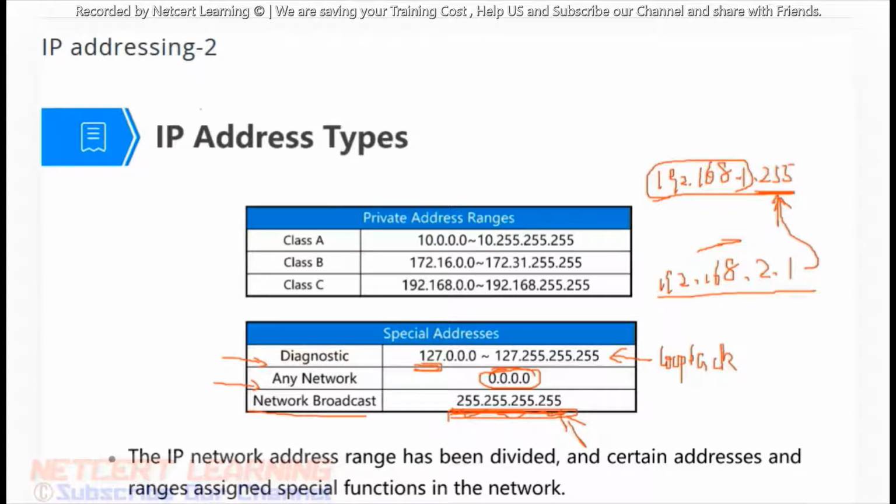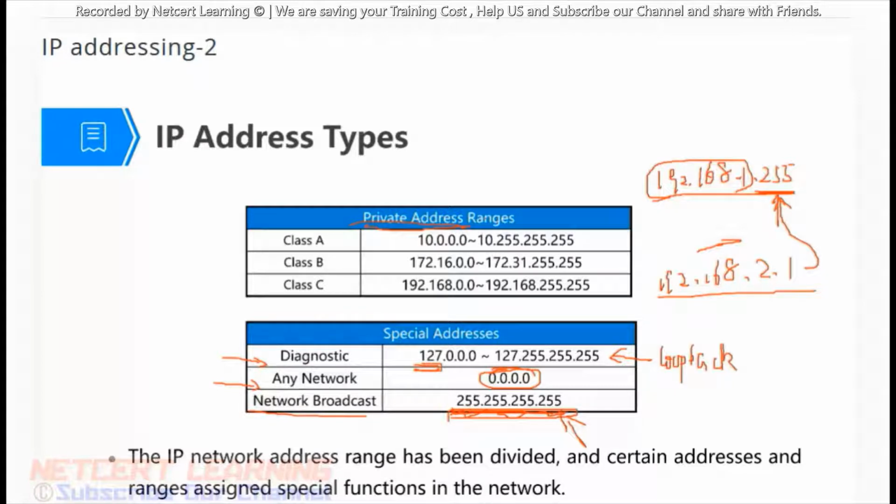And there's another type of special network address we call the private address. The private address means this IP address cannot be configured in a network that's connected to the internet, the global IP network.